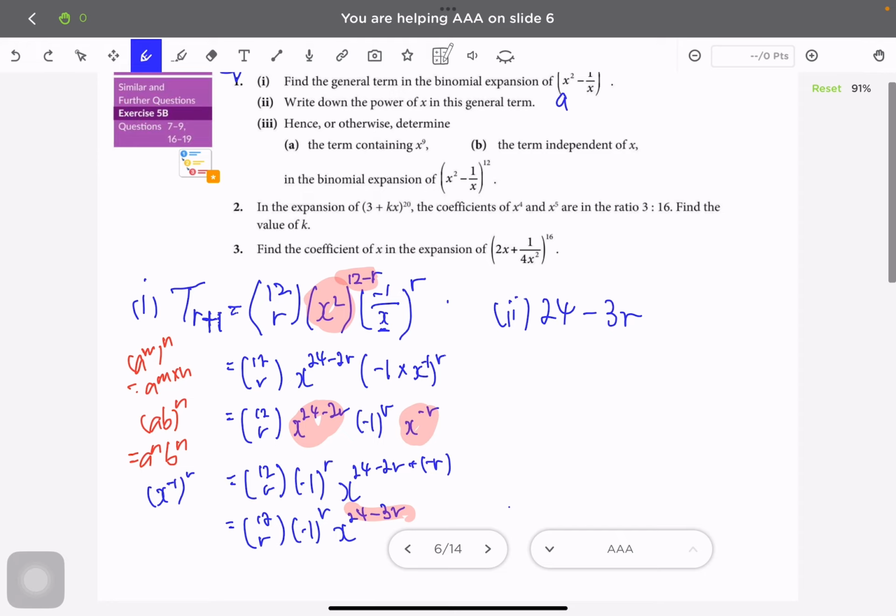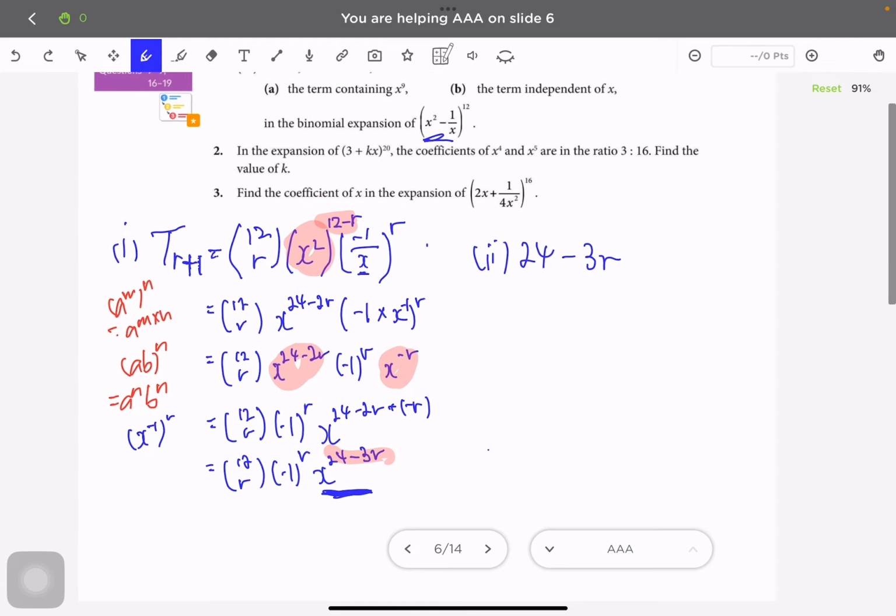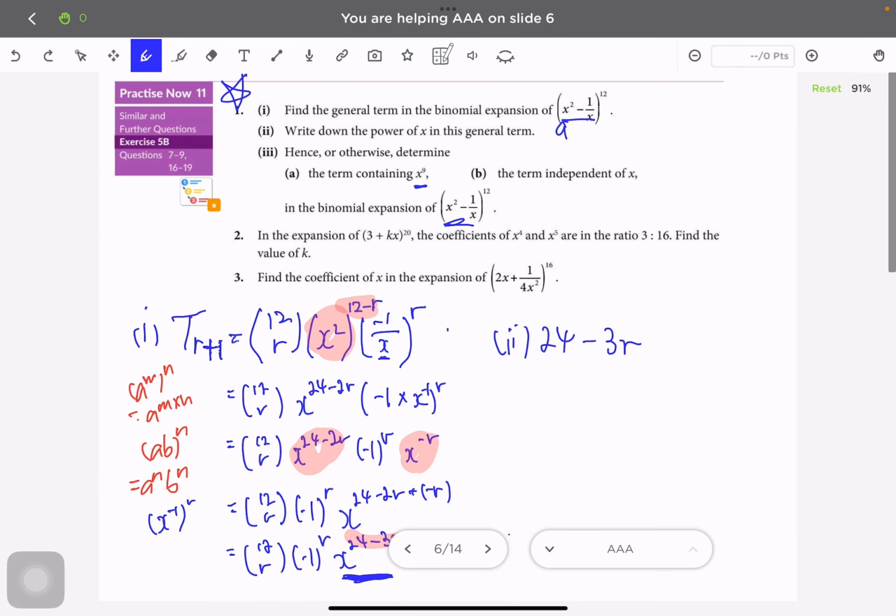Okay, for part 3a, hence or otherwise determine the term containing x to the power of 9, the independent term of x in the binomial expansion of the expression given. So I really know that from the general term, this itself is going to be the power for x, right? Now I'm looking at x to the power of 9.